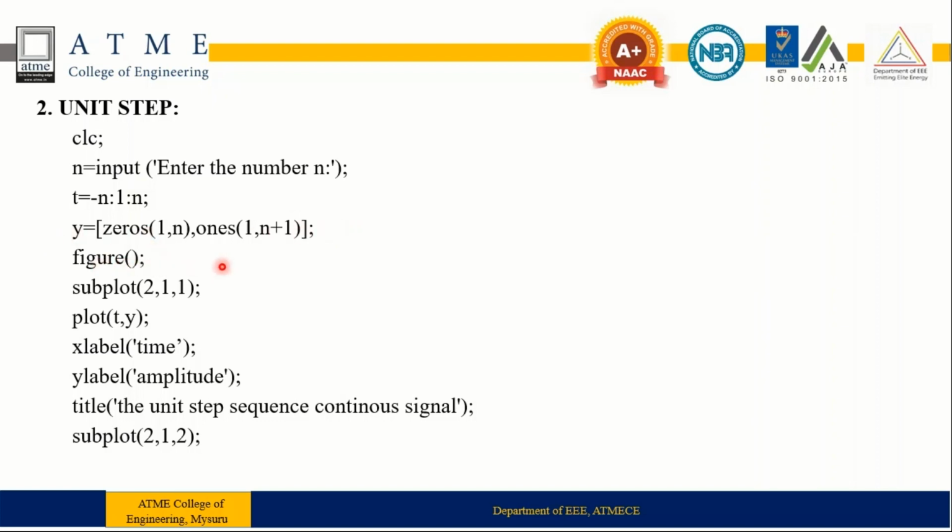Next, once we declare this n, t and y, to represent it graphically we need the command called plot, wherein we take the x-axis as the time duration and the y-axis as the amplitude, followed by labeling of time, amplitude and the title.